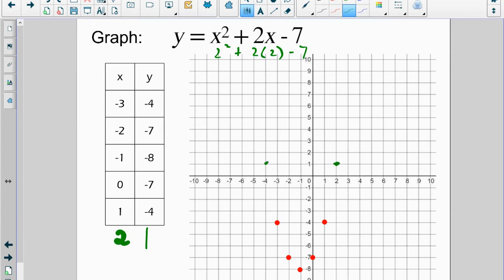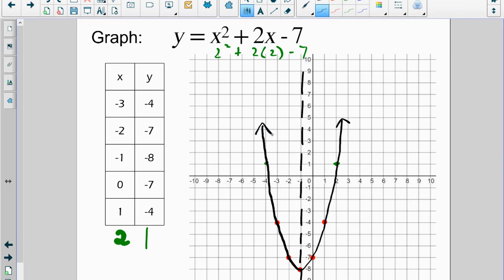So I can actually use symmetry to plot additional points too. So I have my vertex. I'm going to go ahead and just draw in my symmetry line or axis of symmetry. And then I'm going to draw my curve, making sure that I try to make a nice, smooth, rounded curve at the bottom.